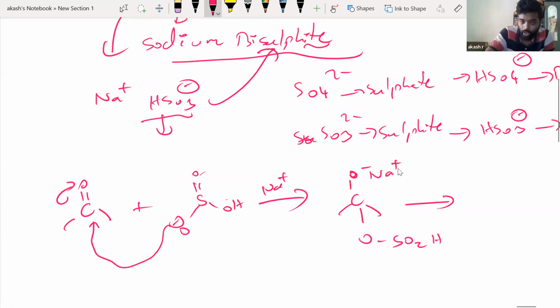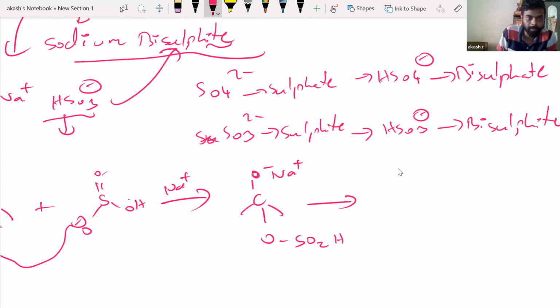Now let me actually show you the structure itself here. We have S double bond O, and that was having an OH. Now what is going to happen is we are going to transfer Na plus and H plus. We are going to exchange both of them to the opposite positions.